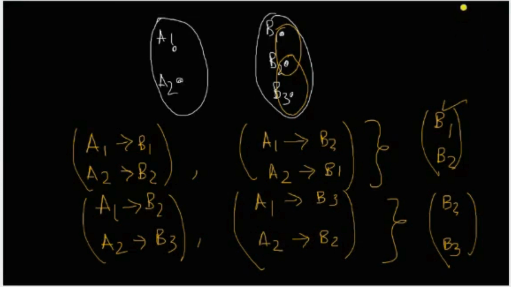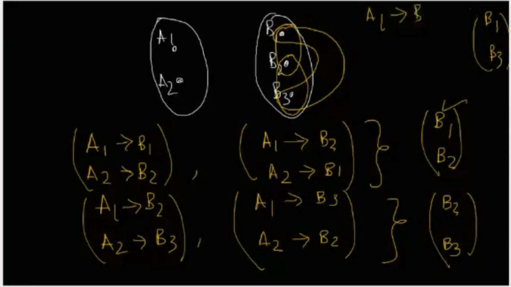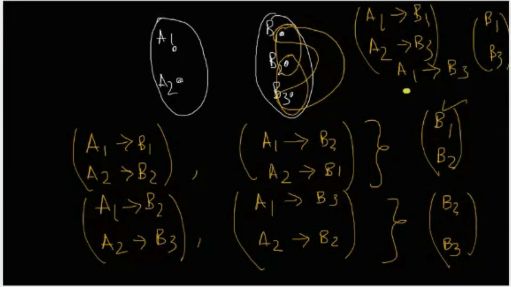And the third case is I'm selecting these two elements, B1 and B3. So if I say B1 and B3, the first map is A1 goes to B1 and A2 goes to B3, and the second map is A1 goes to B3 and A2 goes to B1.